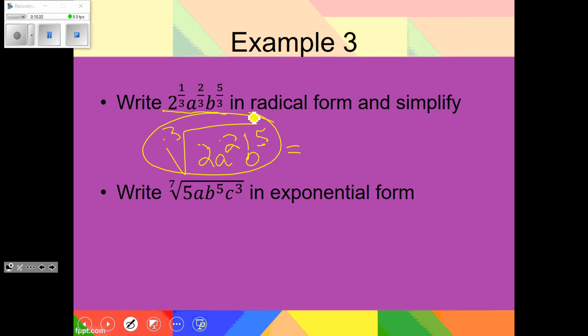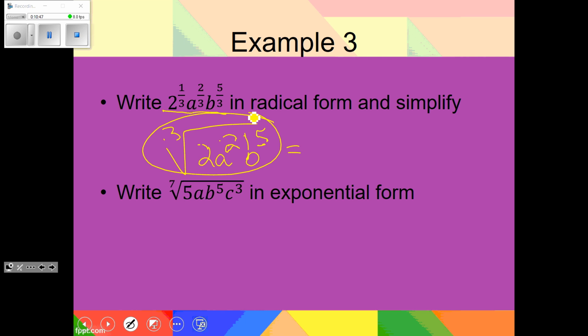Do I write it in exponential form? Do I write it in radical form? Like, what am I doing here? And you're going to need to be able to recognize that they may just take it and transpose it into radical form and just leave it. Does that make sense? They just don't simplify it. And then they might take it further and simplify it. You just need to be able to say, oh, well, that's just the same thing as that because all I did was this, that, and that.